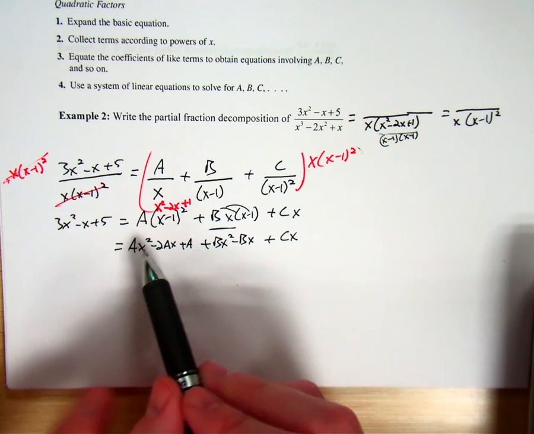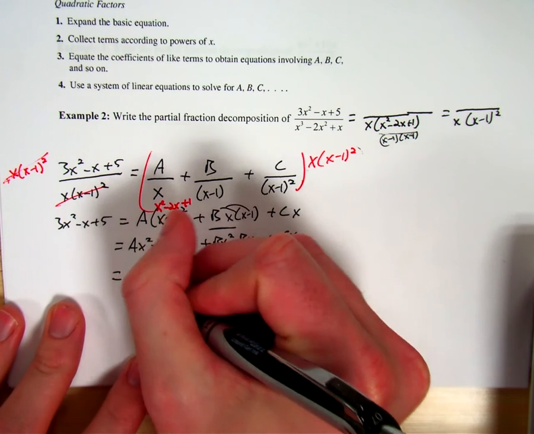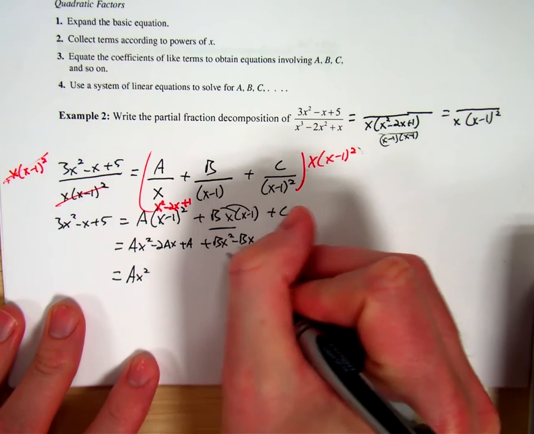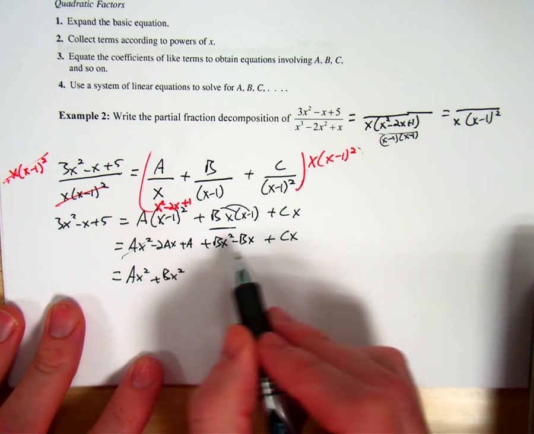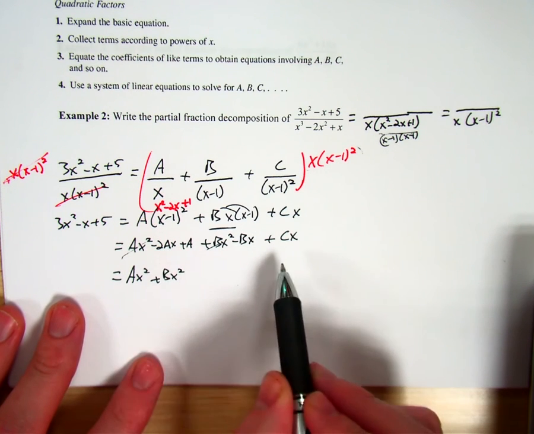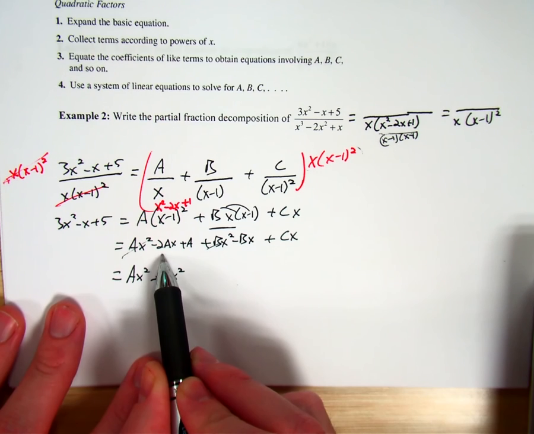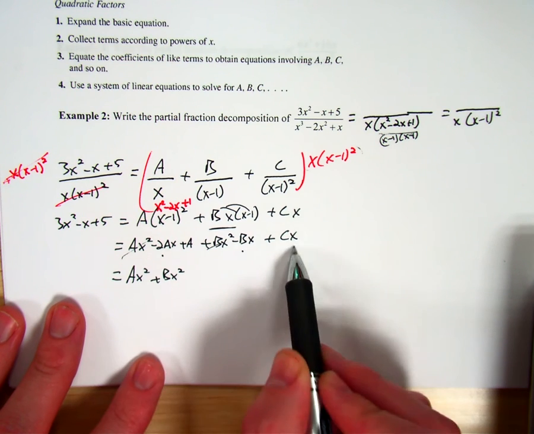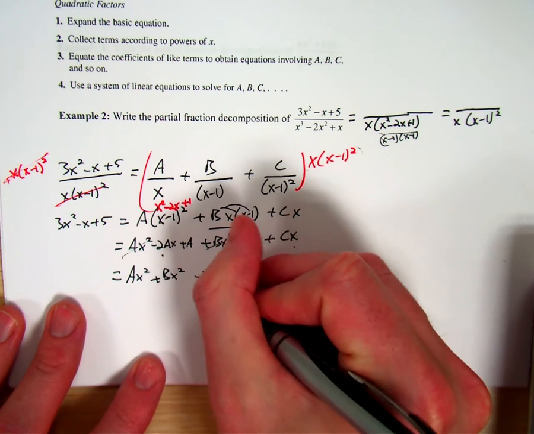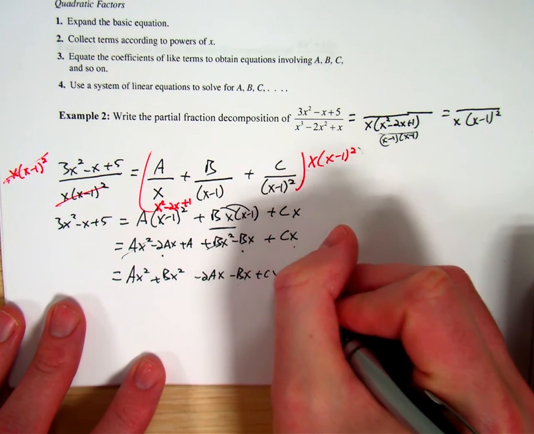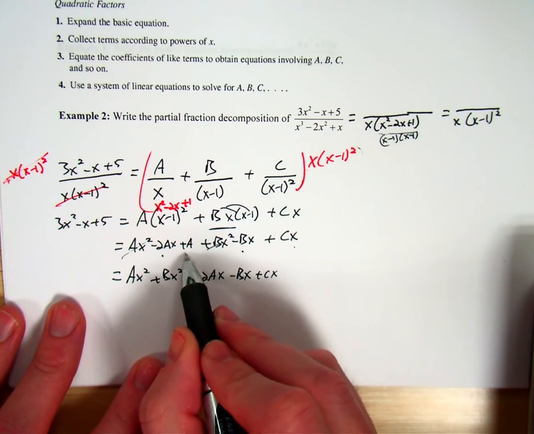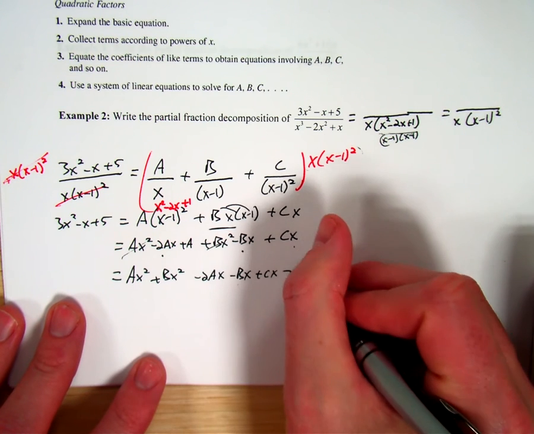Okay, so we want to get the x squareds together. Ax squared plus bx squared. Regular x's, we have minus 2ax minus bx plus cx. And then our last one, we just have the lonely plus a.